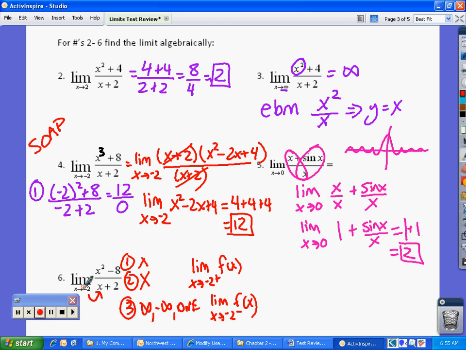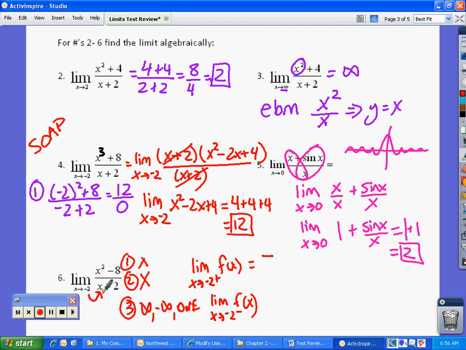If I plug in a number a little bit more than negative 2, like negative 2.1, and square it, I'm going to get 4 point something. And 4 point something minus 8 is still going to give me a negative in that numerator, because this number will be less than 8.